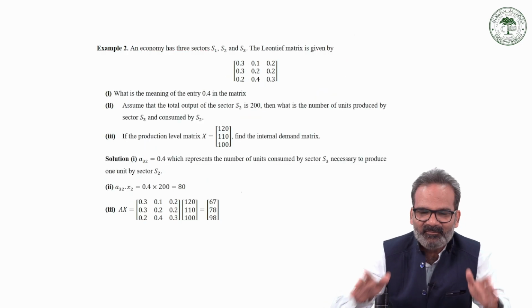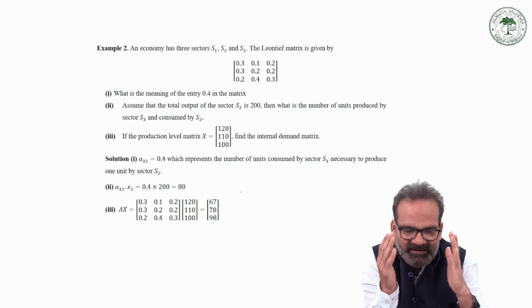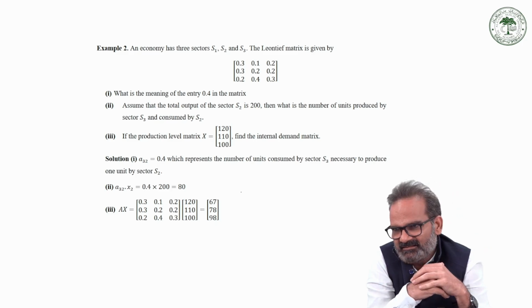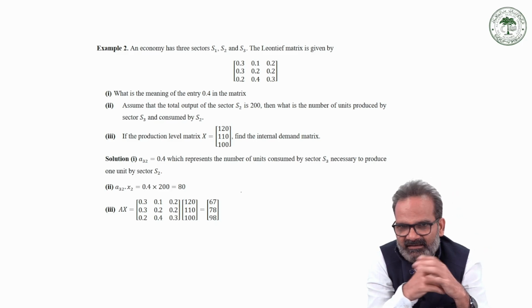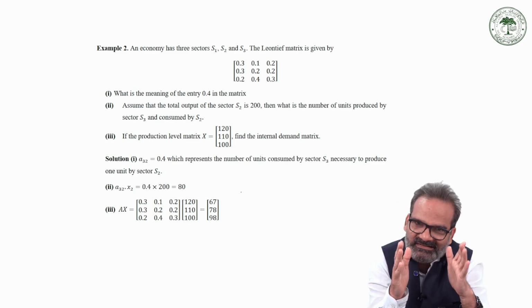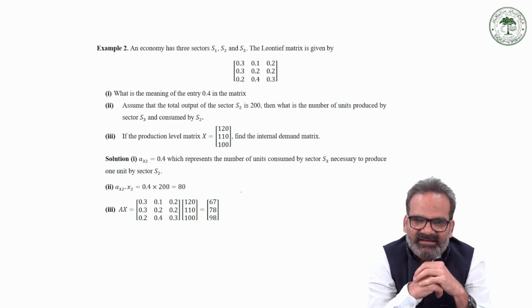Here in this example, we have taken 3 industries. I told you in the very beginning, initially I considered the simplest case so that you can understand it, and I took only 2 industries because 2 industries are required as a minimum. So here we have taken 3 industries.